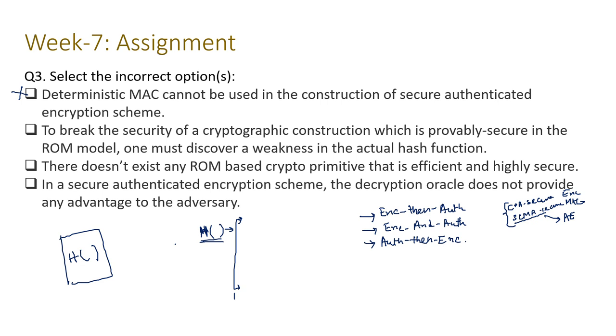So it is provably secure with the assumption that the internal functionality of the hash function is not known and that, given an input, its output is uniformly distributed over the output space. But whether that condition is really satisfied by that hash function, you need to ensure. Not all functions are suitable candidates to be instantiated as a random oracle. So this statement is true. Am I clear?